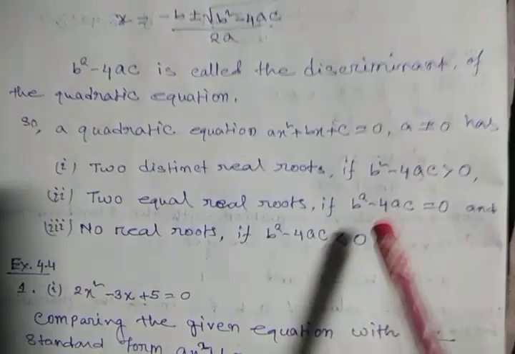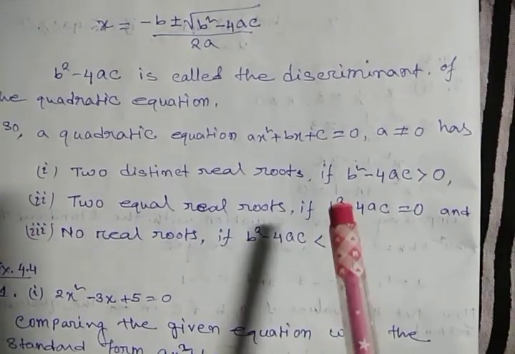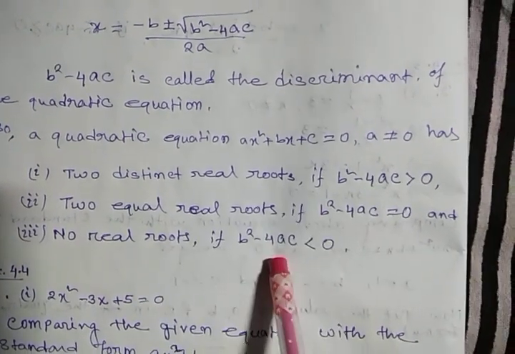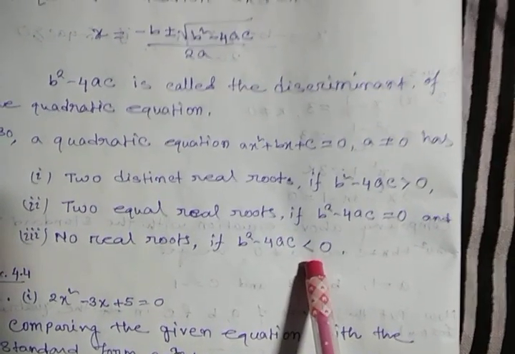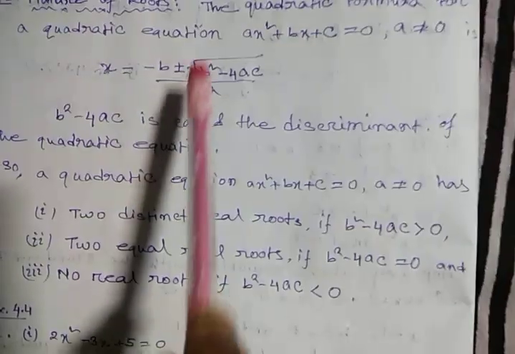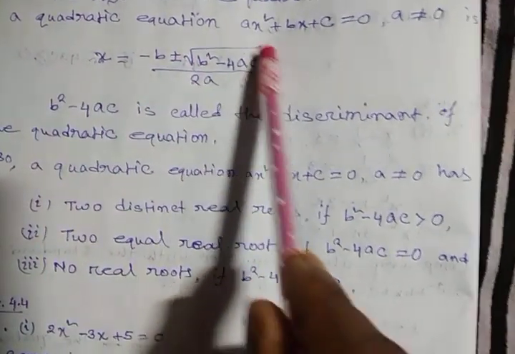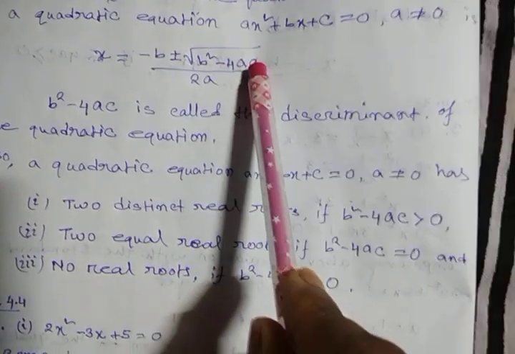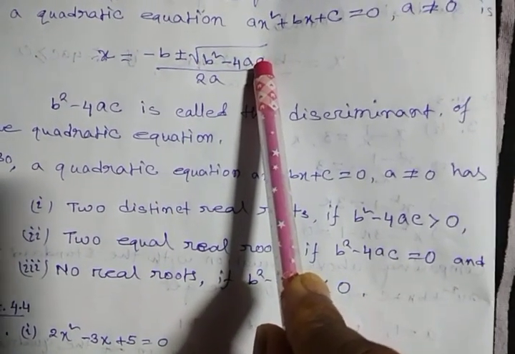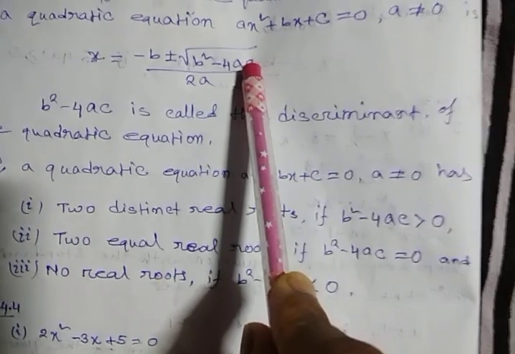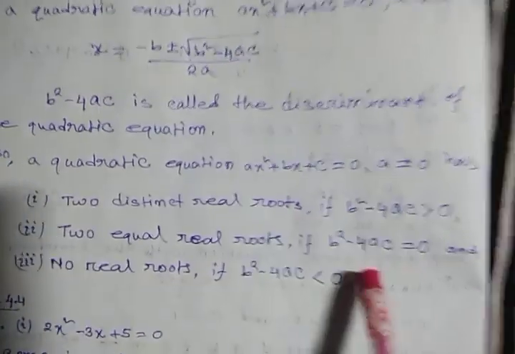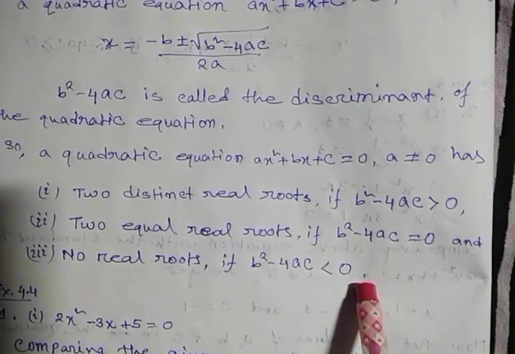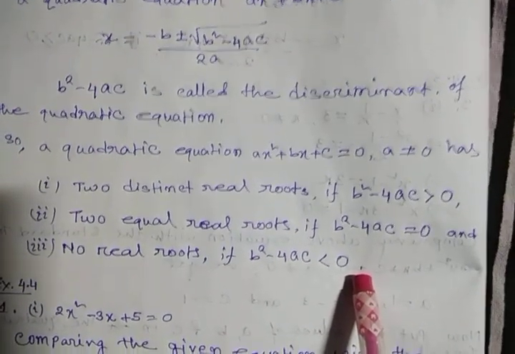If the value of the discriminant is negative, that means the value under the root of this quadratic formula is negative, then it will not have any real root, and such roots are known as imaginary roots.